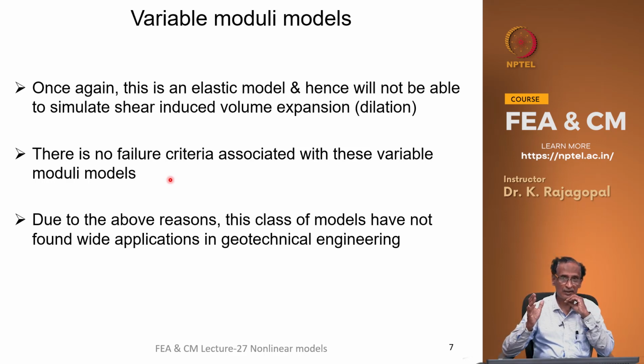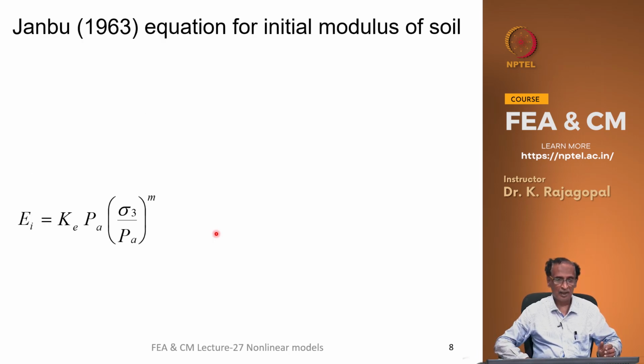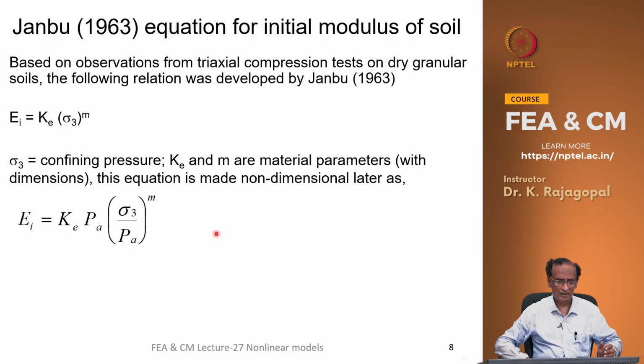If there is a predominant cohesion, then we know that the soil is a clayey soil, or if the C is negligible and the phi is predominant, then we know that the soil is a sandy soil. Okay. And because of these reasons, these variable moduli models have not become very popular.